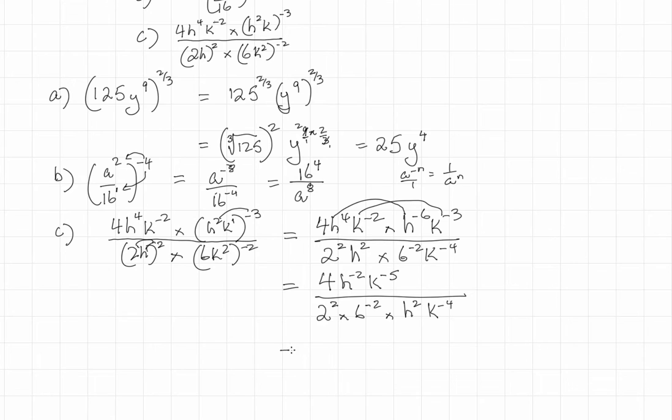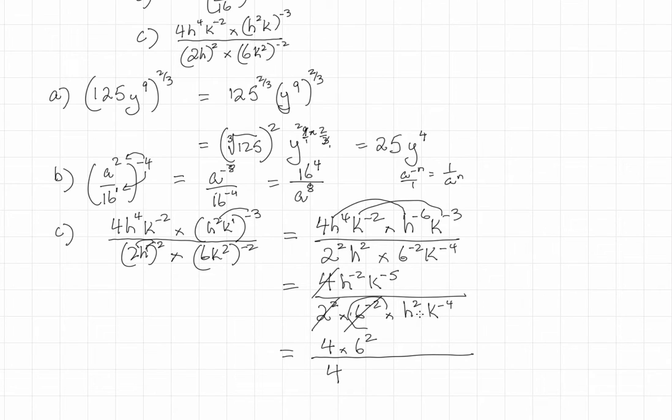I would think it would be better to leave the 4 there on the top. Now because this is 6 to the minus 2 down here, it can go 6 to the positive 2. So maybe just put a little line through things as we get them taken care of. 2 to the power of 2 is 4. That can go down the bottom, so we've got all that taken care of.